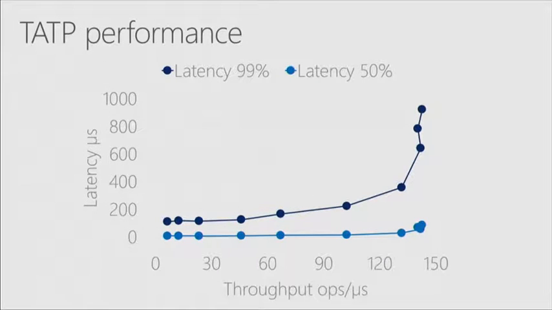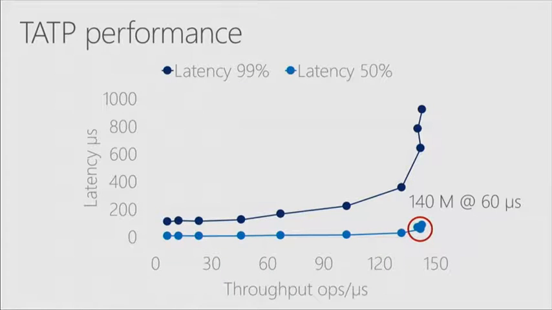So first I'm showing a throughput latency curve for TATP. The x-axis shows throughput in millions of transactions per second, and the y-axis shows latency in microseconds. I'm showing two curves, a median latency and a 99th percentile latency.